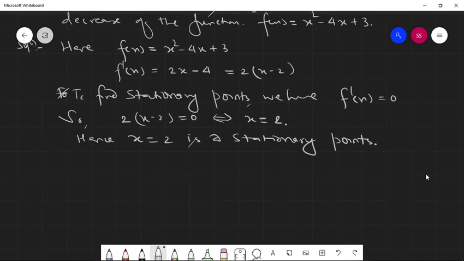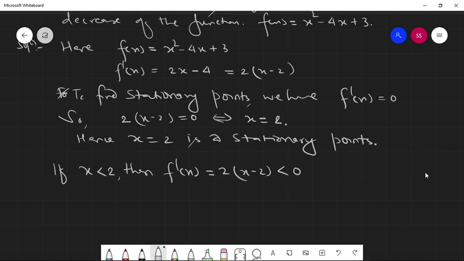Then we have to find the intervals where the function is increasing or decreasing. So now if x is smaller than 2, then f dash x equal 2 times x minus 2 is smaller than 0. Let's check the value.